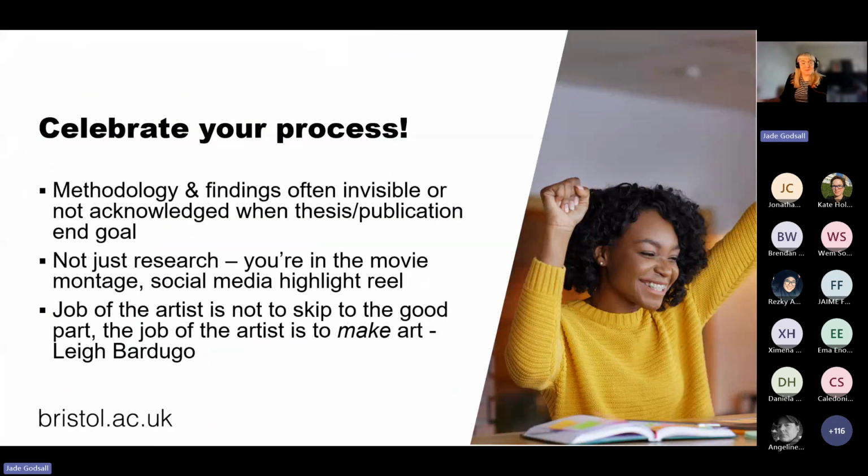It also lets you celebrate your process. Methods and findings are often invisible or not acknowledged when the thesis or your publication is your end goal. And this isn't something that we only see in research. It's something you see every day around you. It's the movie montage in a film or the social media highlight reel.